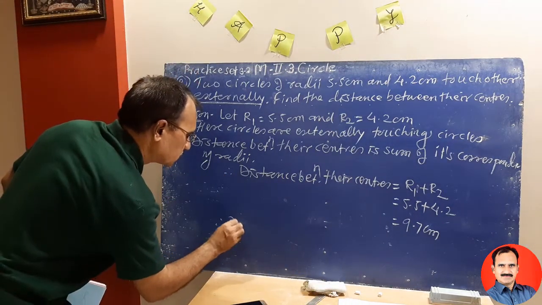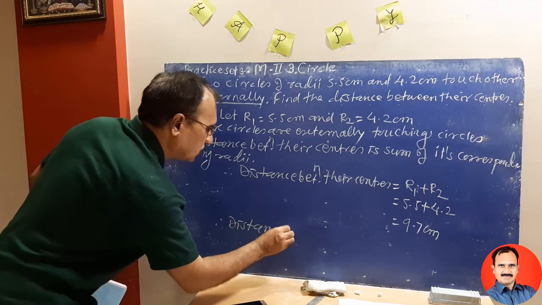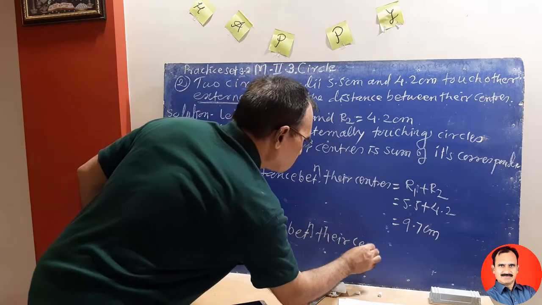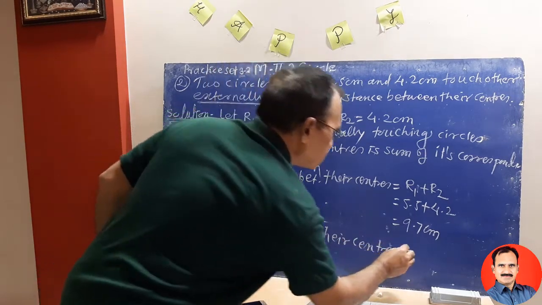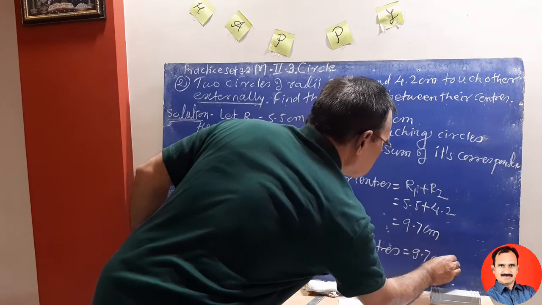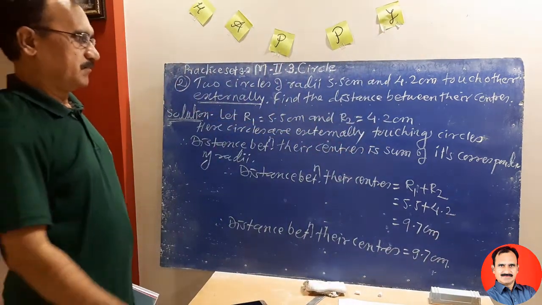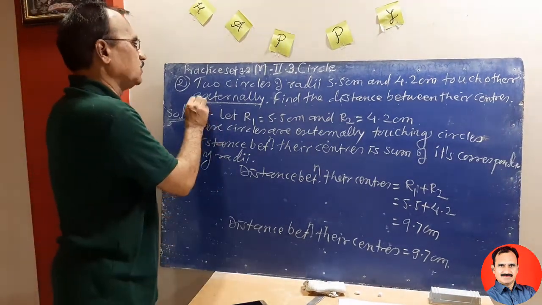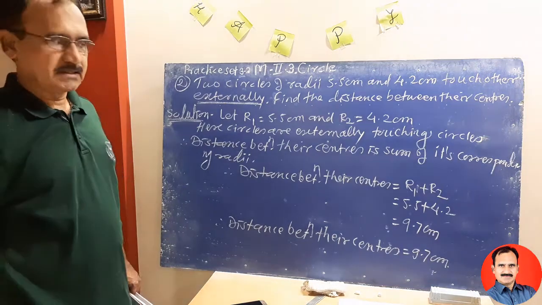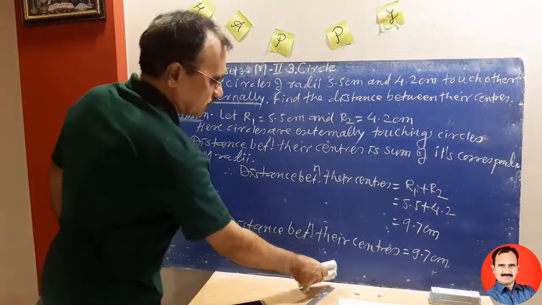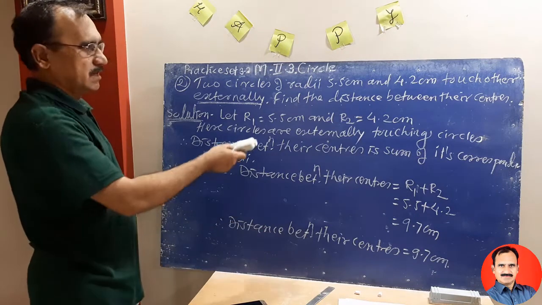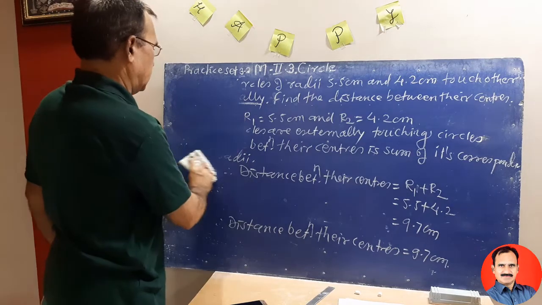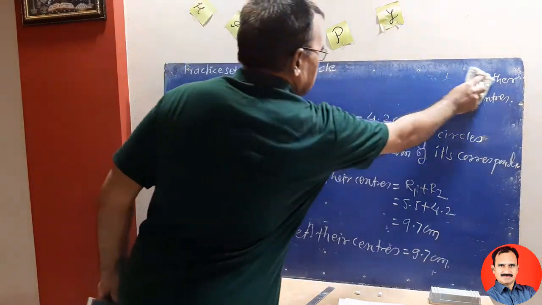The distance between their centers is 9.7 cm. If circles are internally or externally touching, use the simple formula and you can find the required answer. Any problem in this example? Very good. Write down this, and then we are going to see the next one.